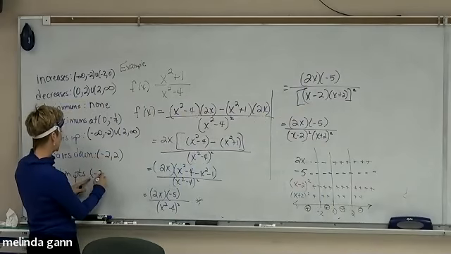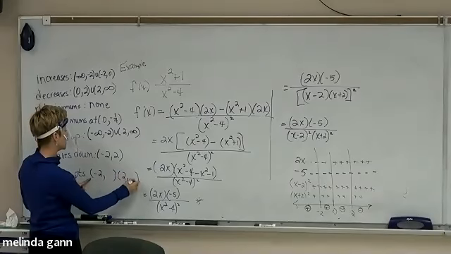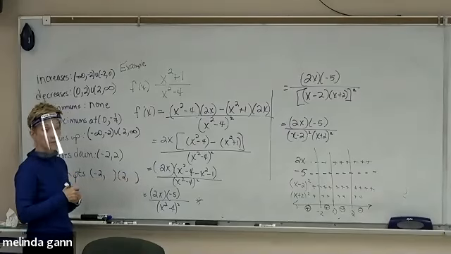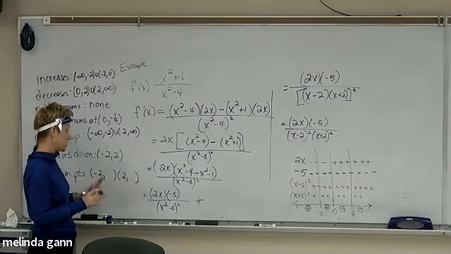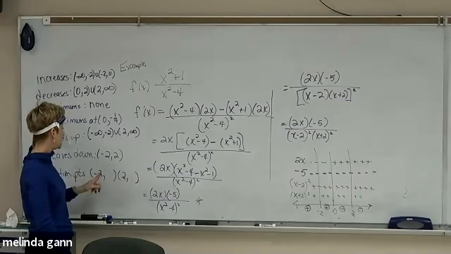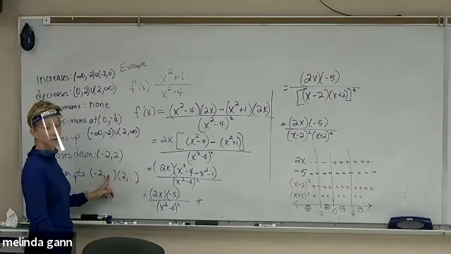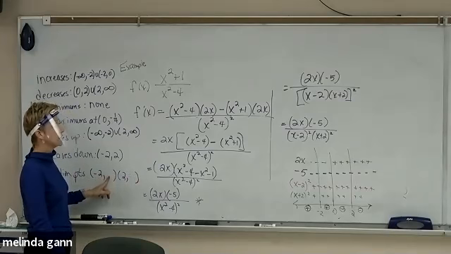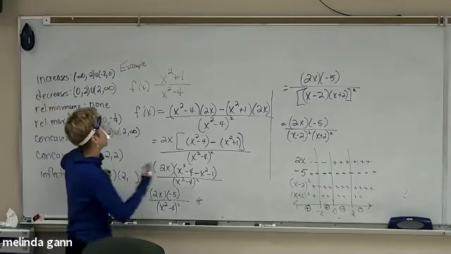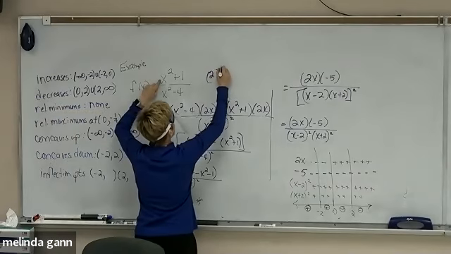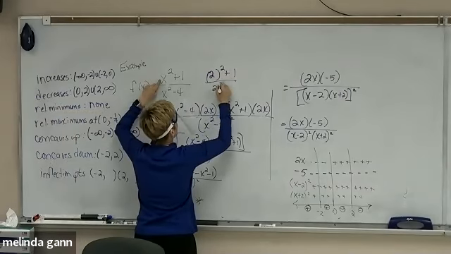I write down negative 2 comma something and 2 comma something. Now, don't do it if you've got a pen, just stop and watch. What do I do to get the y coordinates? Where do I plug into?